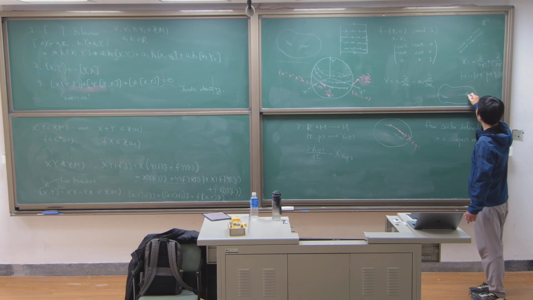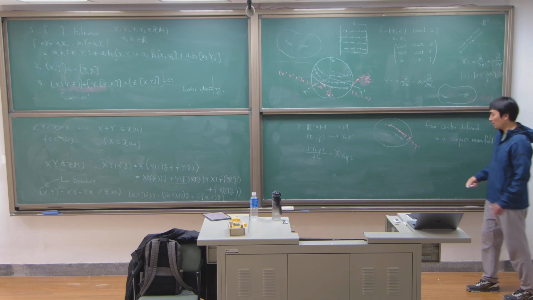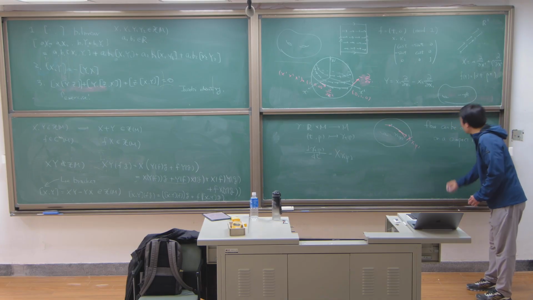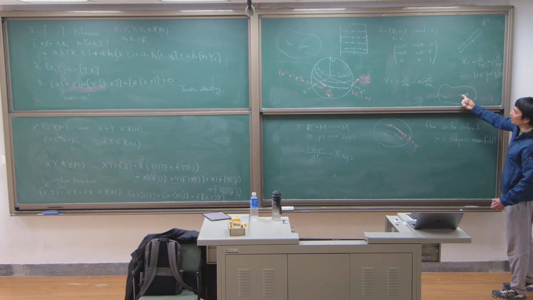Suppose the vector field points towards the point which is omitted. Then if you go along the flow, you cannot extend because I removed the point.